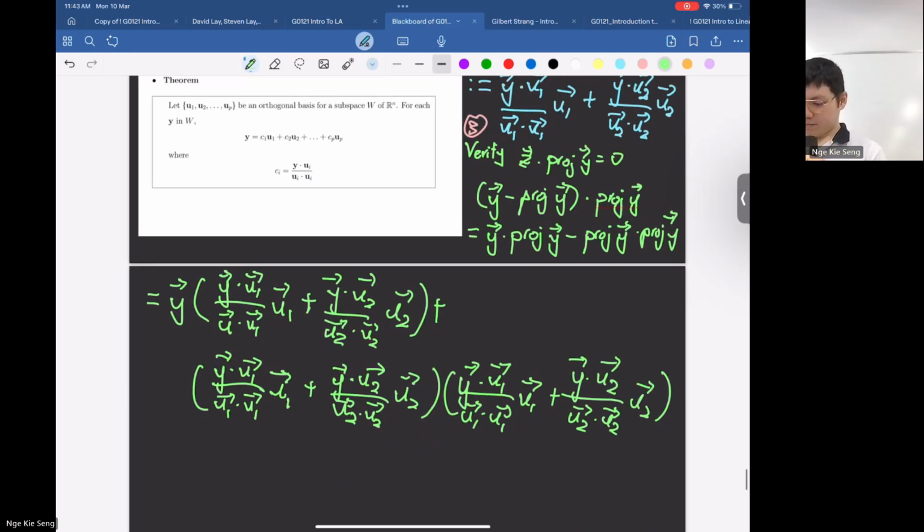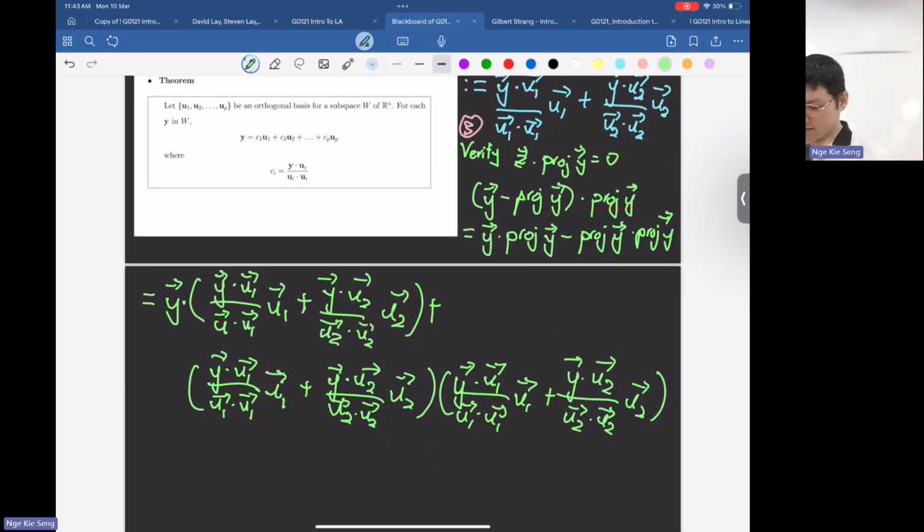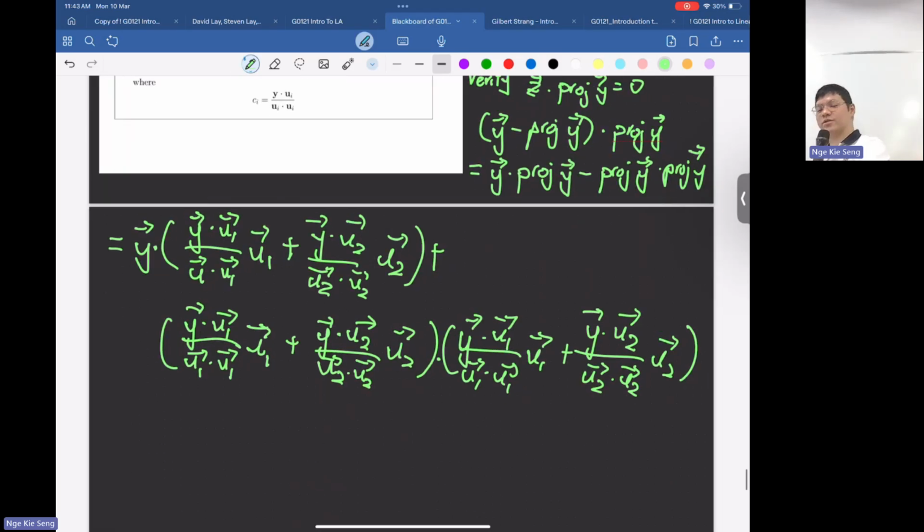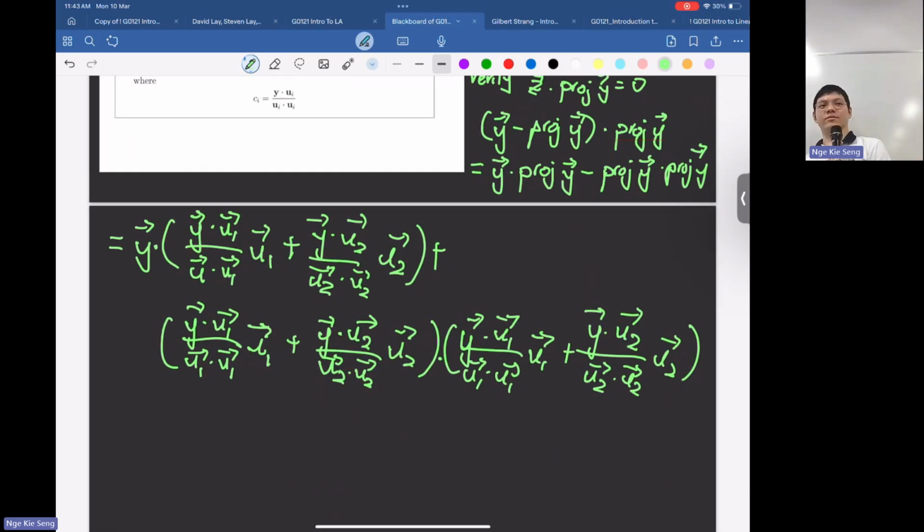So this is a dot product, not a multiplier. First question, do you get a headache if you see so many dot products? Please get used to it. It's very normal here.